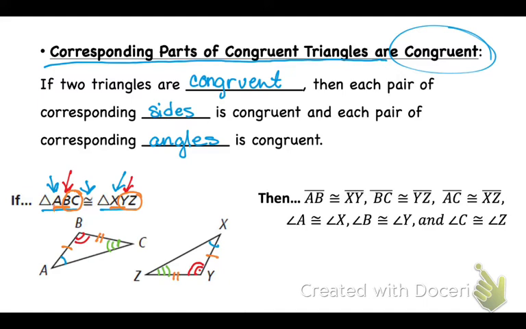And AC is congruent to XZ. Okay? So don't guess. Don't look at the pictures because we all know that people draw crappy pictures, especially ourselves, right? Don't guess. Look at their names and you can tell me what parts are corresponding. Okay?